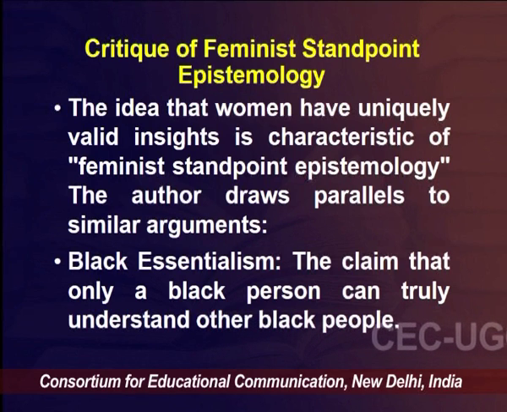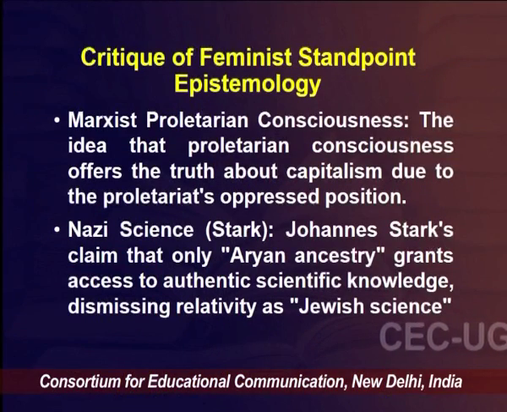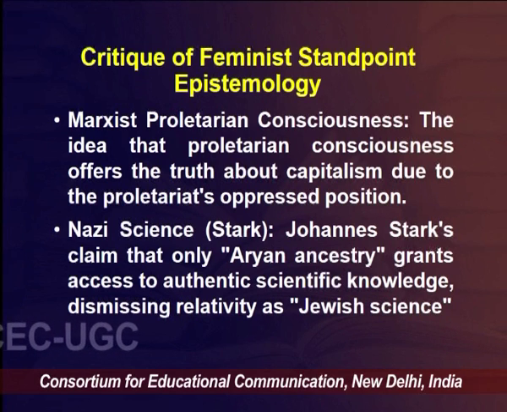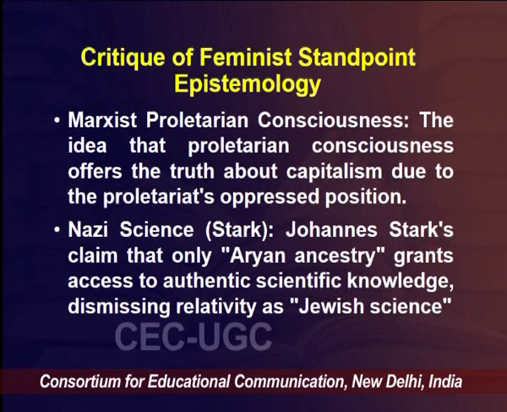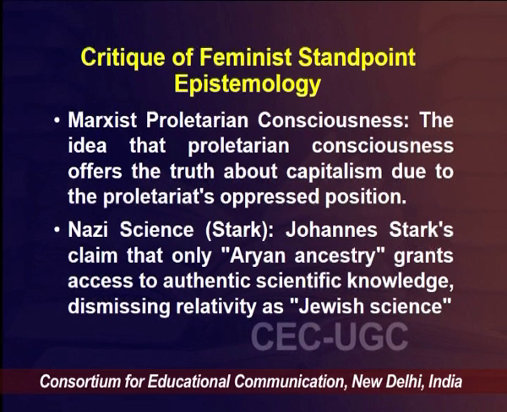The author draws parallels to similar arguments. Number one, black essentialism: the claim that only a black person can truly understand other black people. Two, Marxist proletarian consciousness: the idea that proletarian consciousness offers the truth about capitalism due to the proletariat's oppressed position. And the third parallel example is Nazi science.